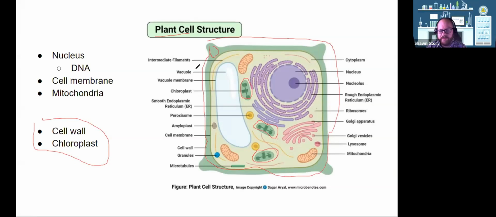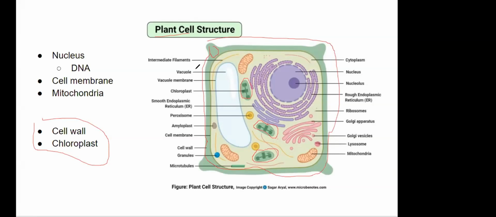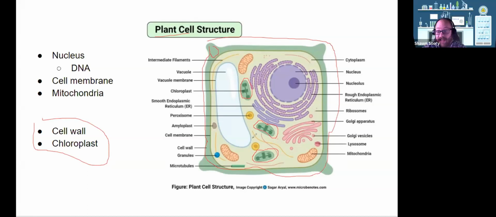Any ideas? I think the chloroplast does something with photosynthesis or something in that process, maybe. Yes, absolutely. You got it. Plants are really special compared to humans. Plants don't have to eat food or drink things like we do for digestion to get energy. They get energy through the sun through a process called photosynthesis.